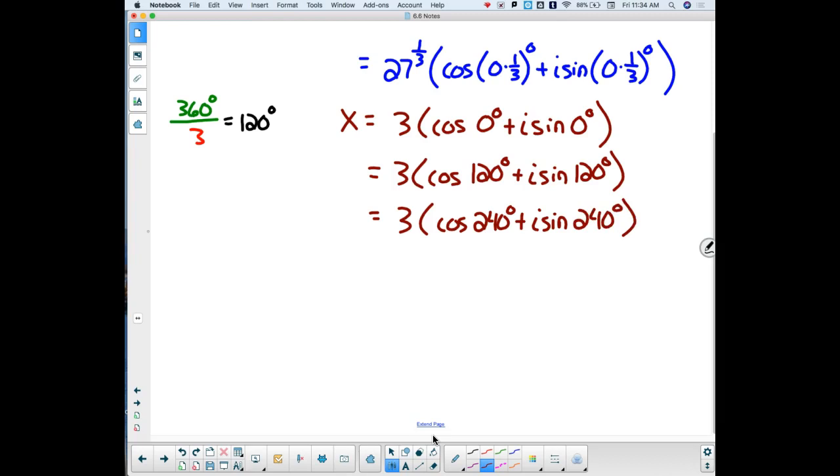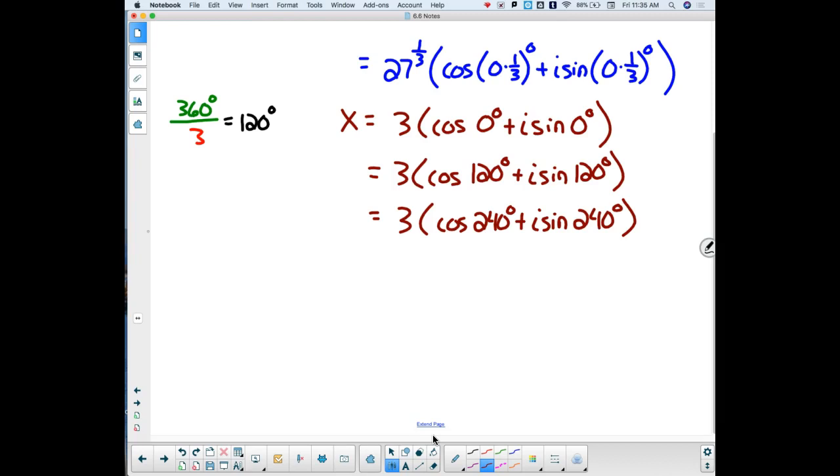And if I would do it one more time, I should get back to the one that I started with, because 240 plus 120 is 360, which is also 0 on the unit circle.